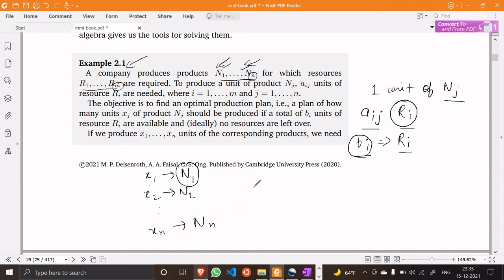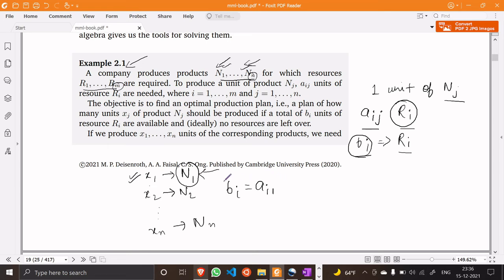Now, what do we know? We know that for a resource Ri, Bi is the total unit of the resource Ri available, right? So let's assume some of it got consumed while making x1. In order to make 1 unit of n1, we needed ai1 of resource Ri.